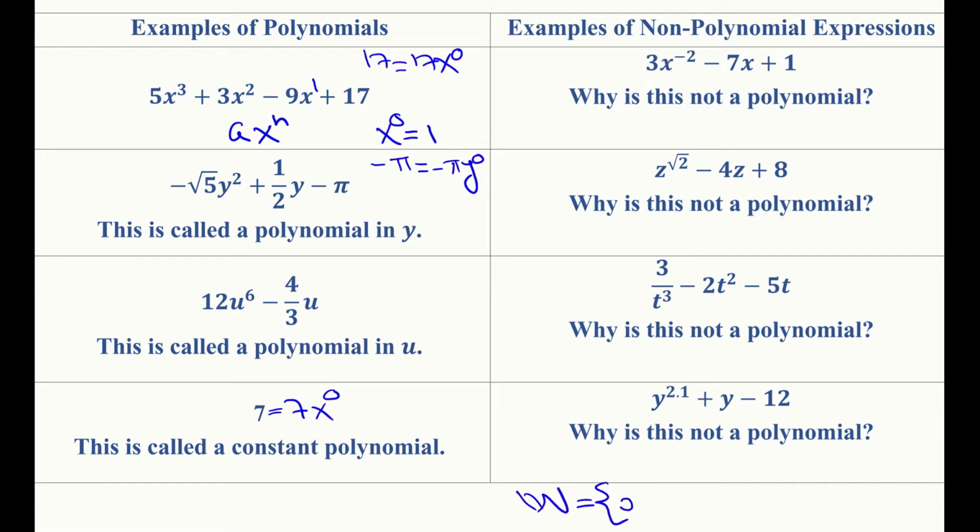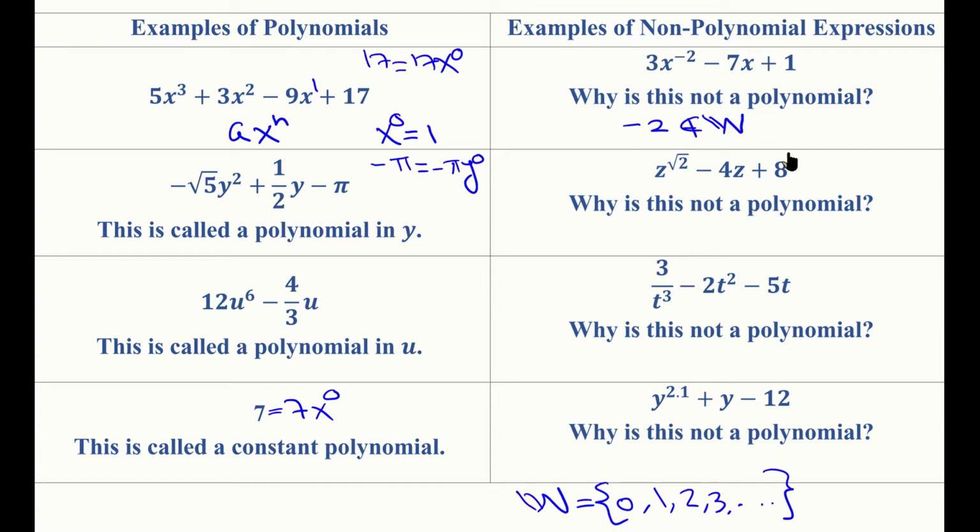They start with 0, 1, 2, 3, etc. So -2 is considered an integer, but not a whole number. So here we state the fact, why is this not a polynomial? We can just say -2 does not belong to the set of whole numbers.